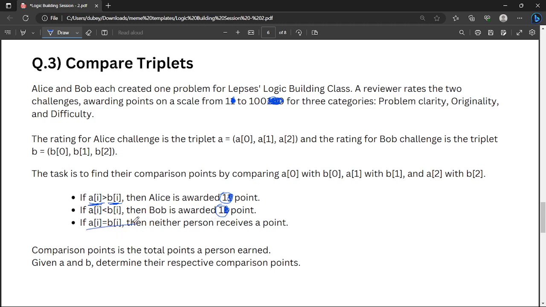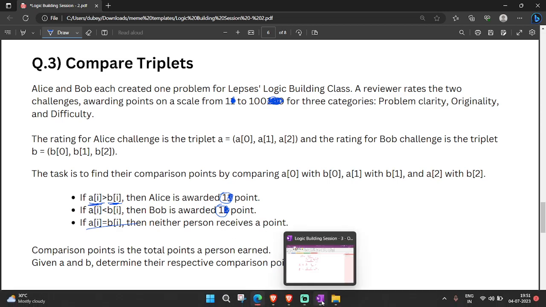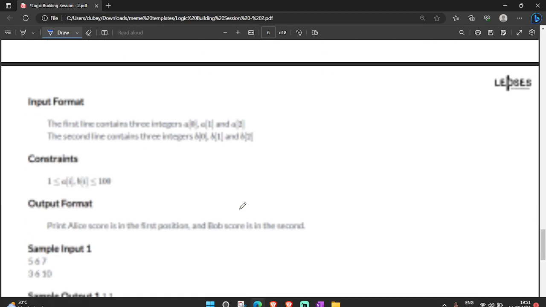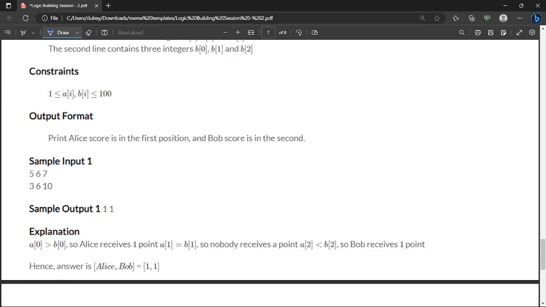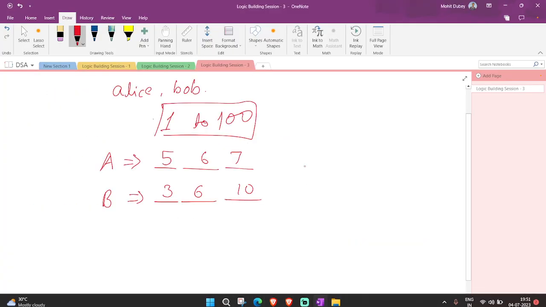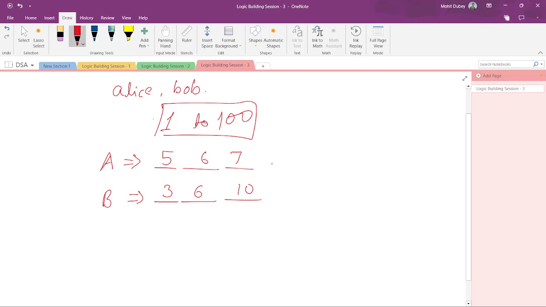And if both of them are equal, then no one will be awarded any point, right? So let's see how we are getting this answer as 1 1. The first criterion: let's say this is a0, this is a1, this is a2, this is b0, this is b1, and this is b2.